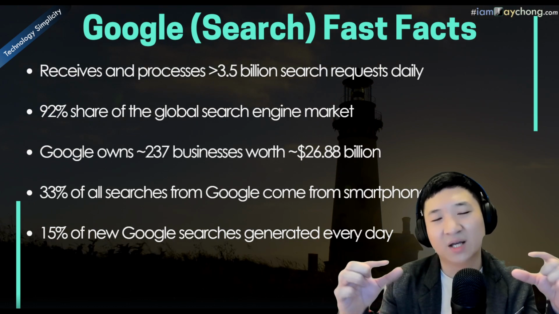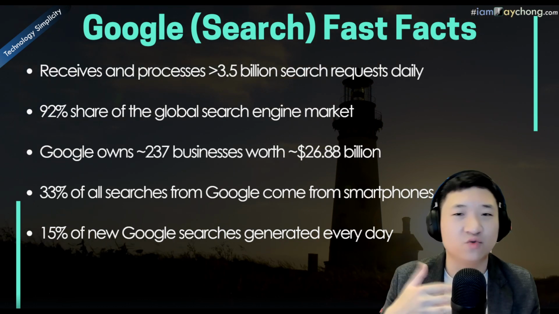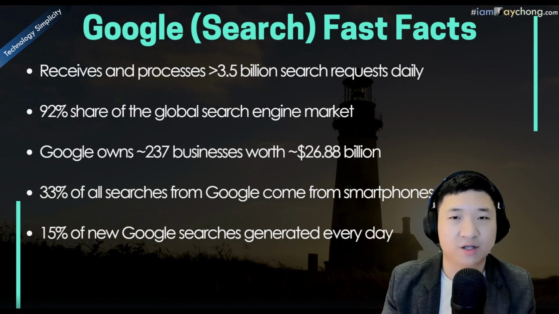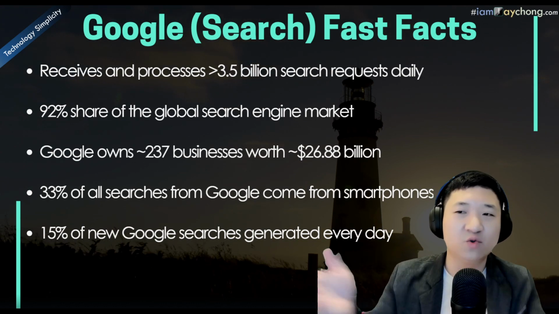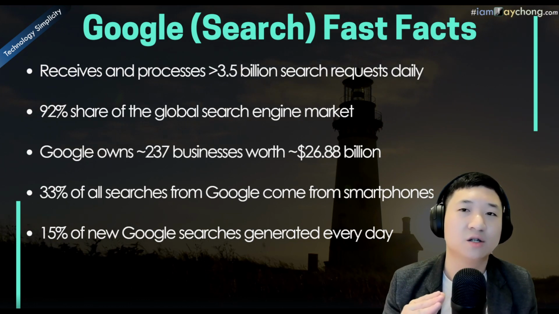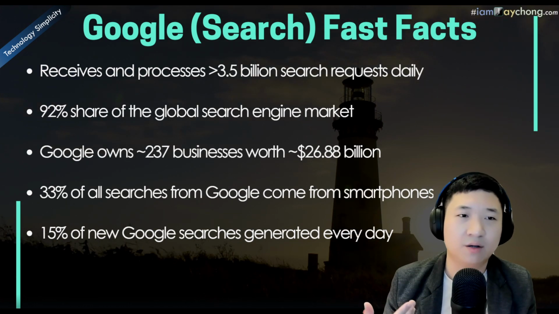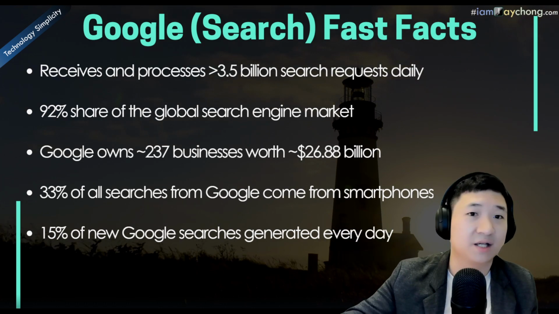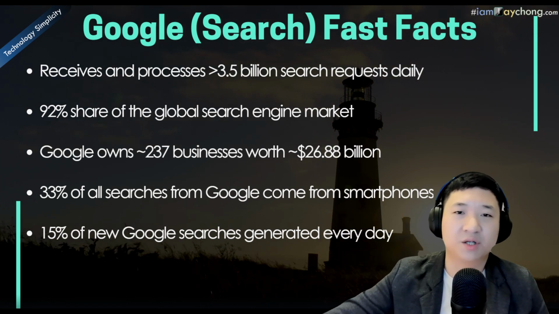Let's say this has never been searched in Google before, so it's a new search. But if you or me or somebody else has already done that, it's no longer a new search. So Google will cache the result and return it much faster the next time. This is how it works in Google.